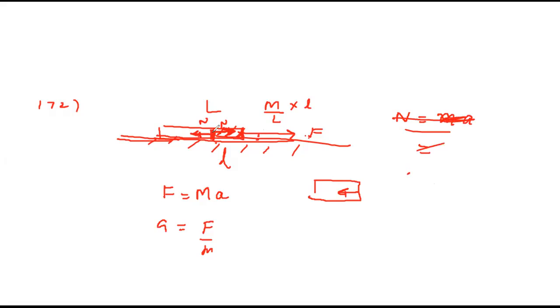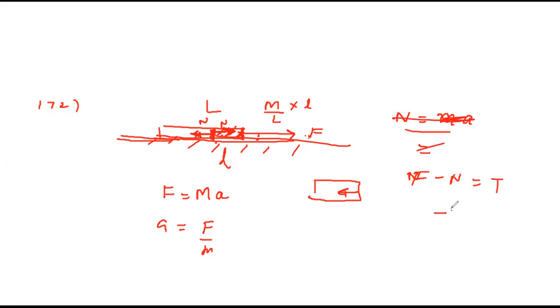See, this is the body, this is the normal reaction. If I consider this body, then this is action and this is reaction. So on the first body, F minus N will be the tension, because we want it on the first body.